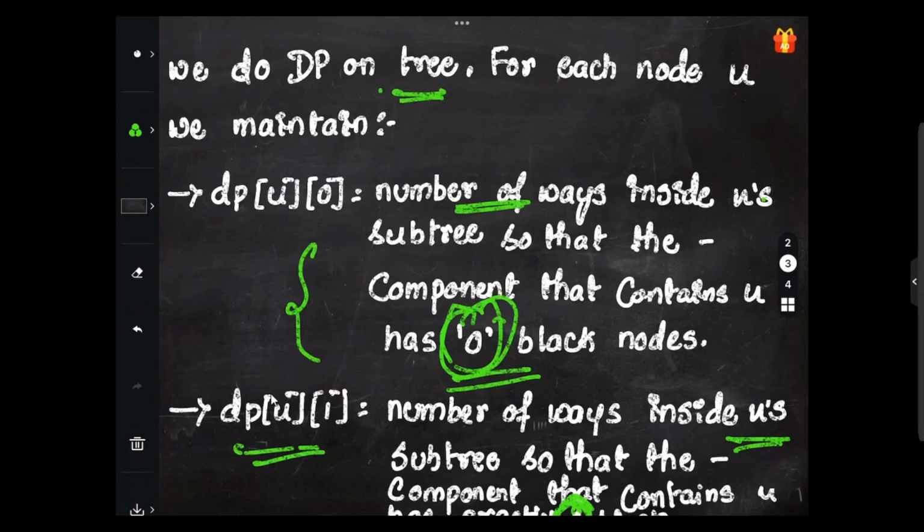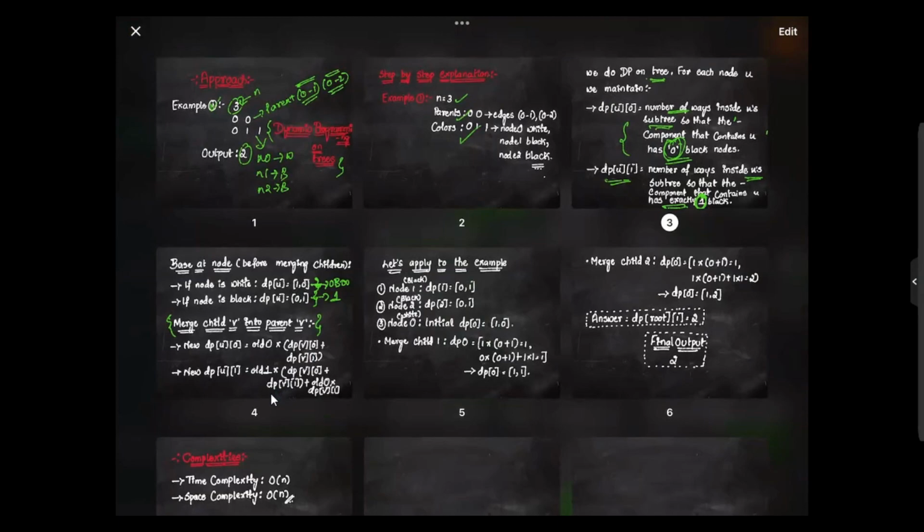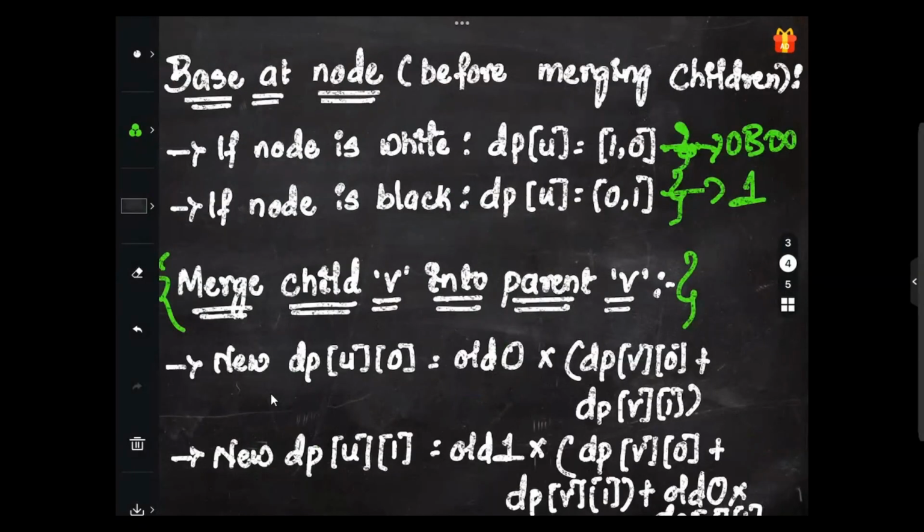I have already explained this one. We are implementing DP on trees. For each node u, we are maintaining DP of u0, DP of u1. u0 is the number of ways inside u subtree so that the component that contains u has zero black nodes. For u1, same thing, but the component that contains u has exactly one black. So from this itself we are deriving this, right?